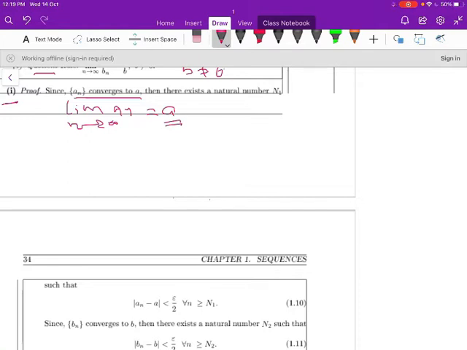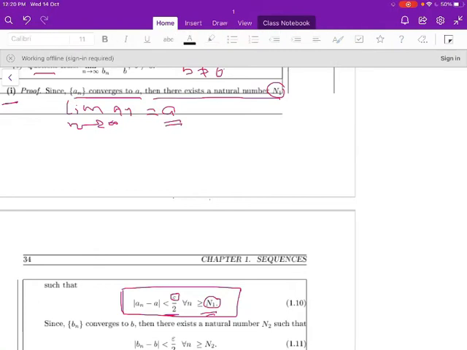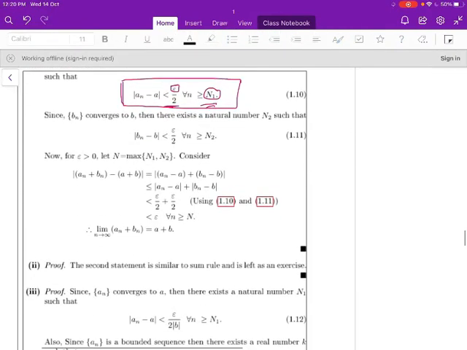Since an converges to a, there exists a natural number n1 such that modulus of an minus a is less than epsilon by 2 for all n greater than or equal to n1. Therefore n1 depends on epsilon. Using the definition of convergence of a sequence, one can write equation 1.10.